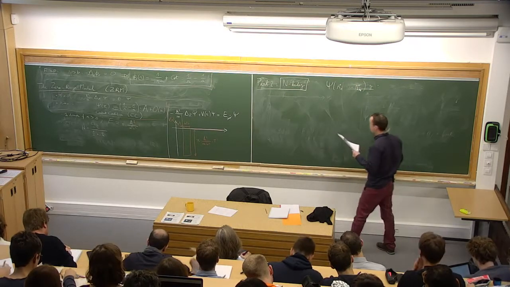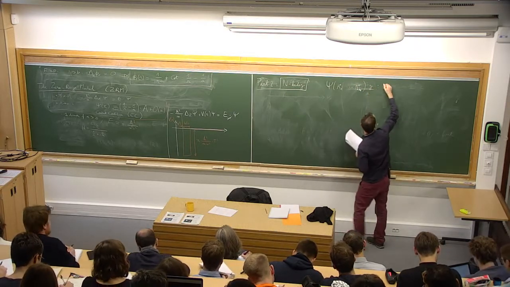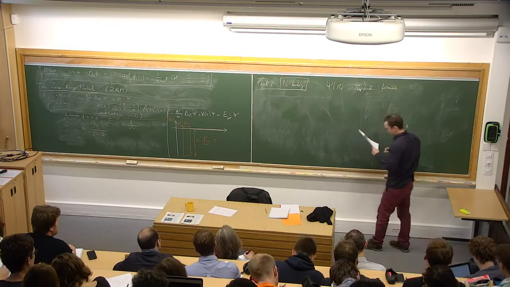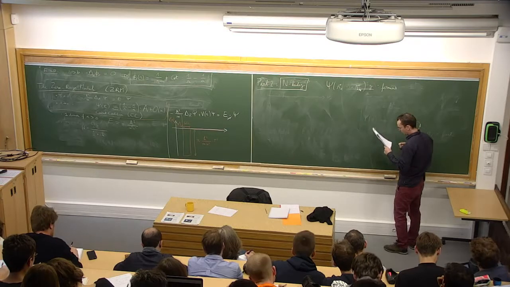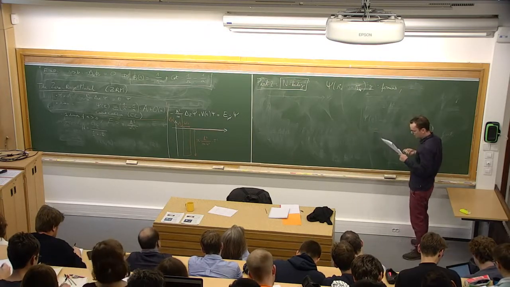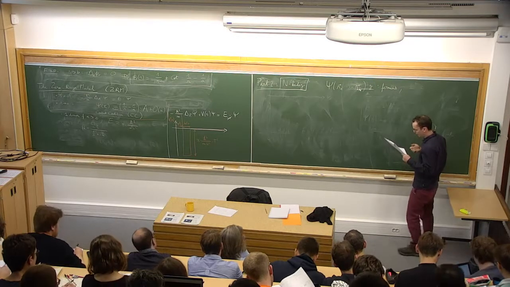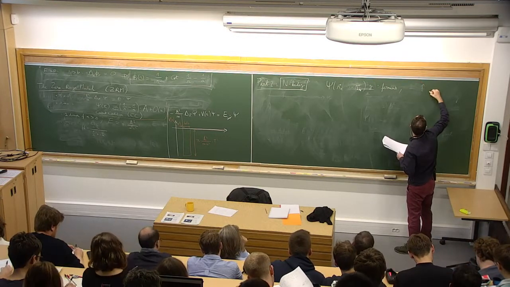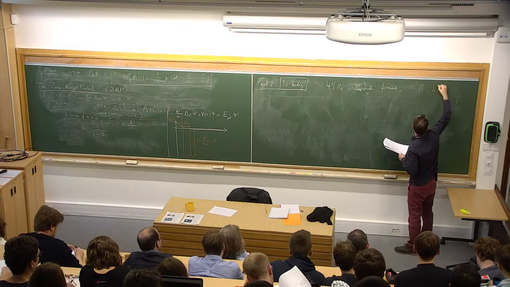And of course, we will consider fermions, following the topic of the school, with two internal states, which experimentally are hyperfine states, but we will just denote them by spin up and spin down.